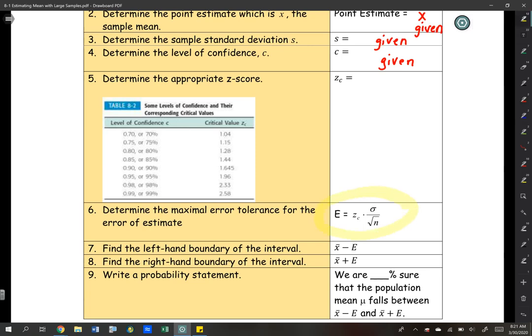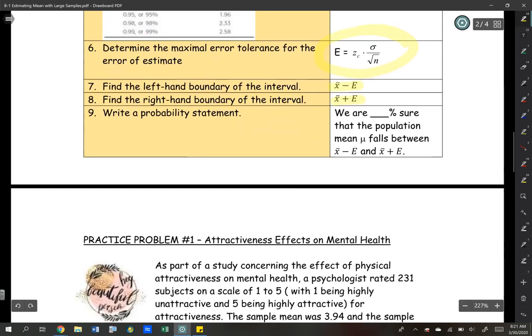To find the left-hand boundary, we're going to do X bar minus E. To find the right-hand boundary, we're going to do X bar plus E. And then we're going to write a probability statement where we say how sure we are, depending on what the confidence level is. So if we were using a confidence level of 90%, we would say we're 90% sure that the population mean falls between the left-hand boundary and the right-hand boundary.